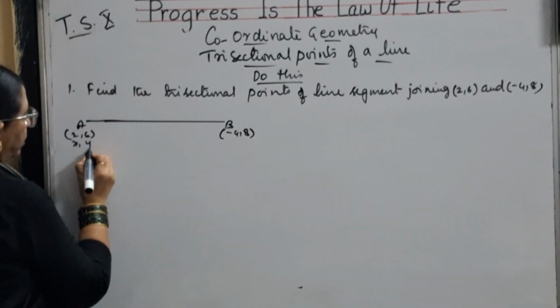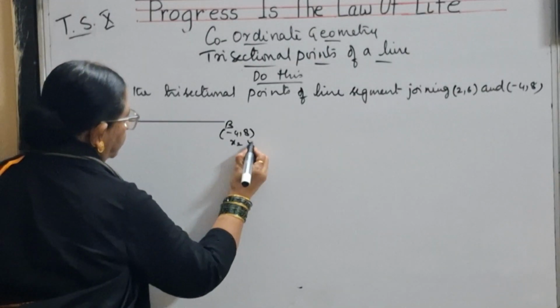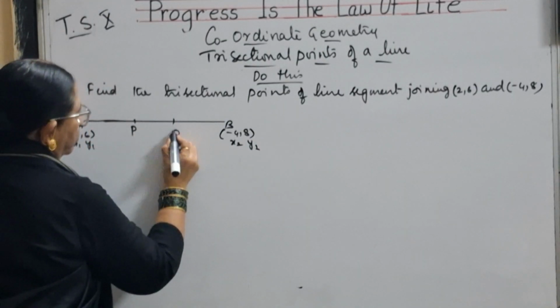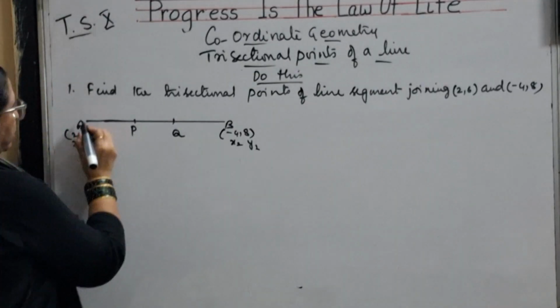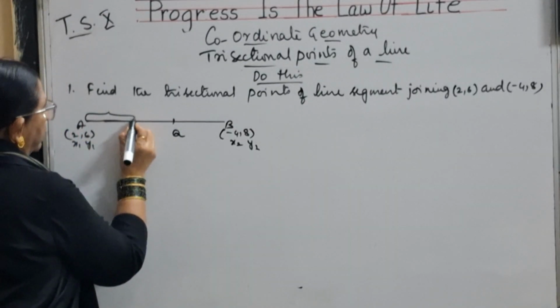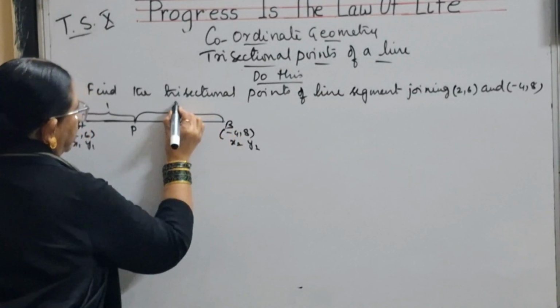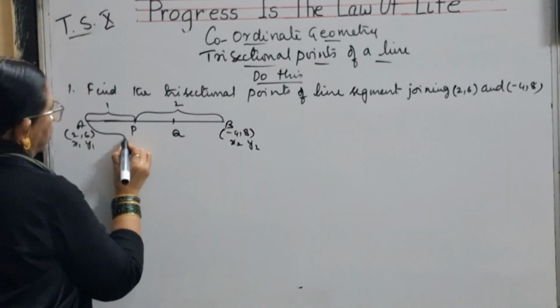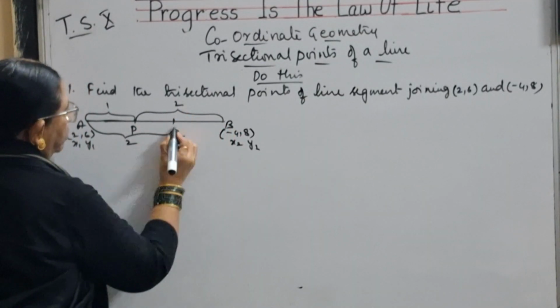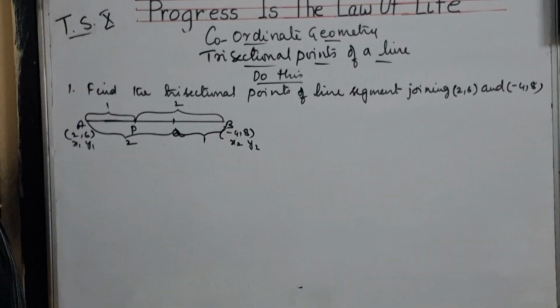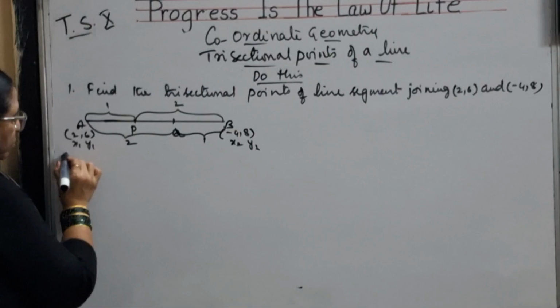That means it is x1, y1, x2, y2. So these are the points P and Q, which are trisecting. So P divides AB in 1:2 ratio and Q divides AB in 2:1 ratio. Now coordinates of P and Q they are asking.